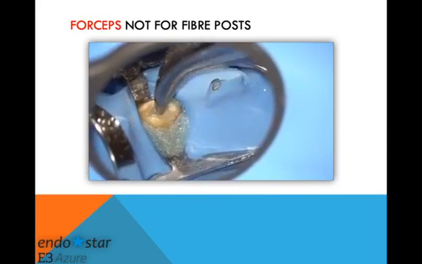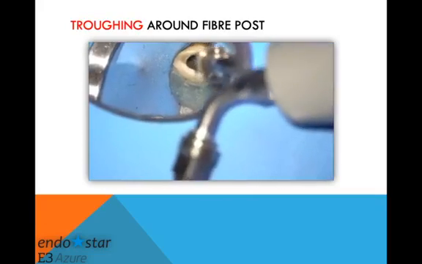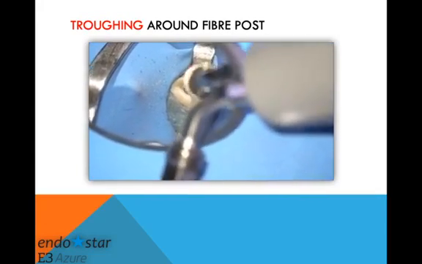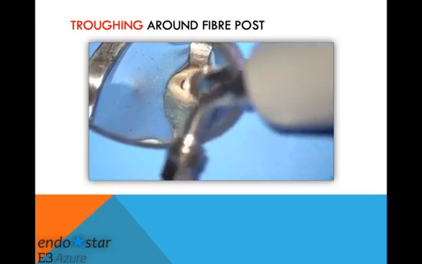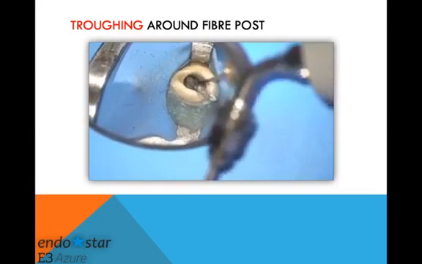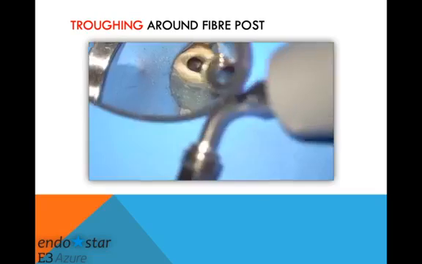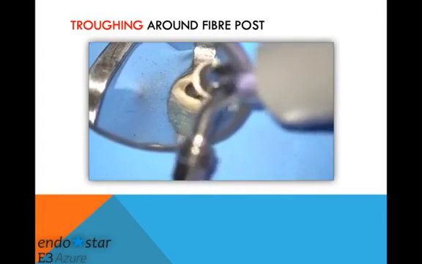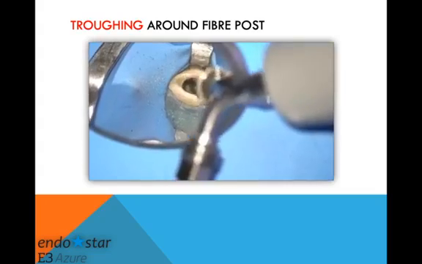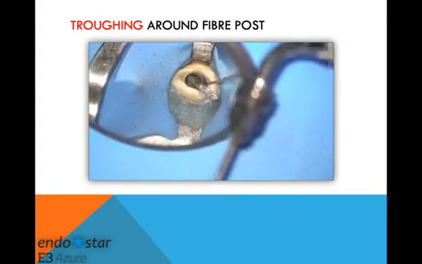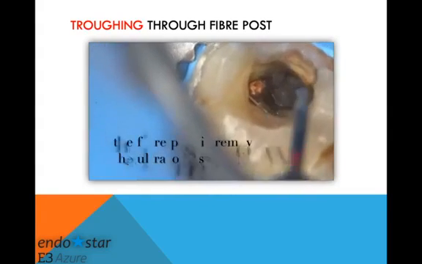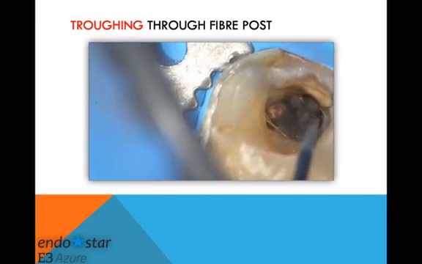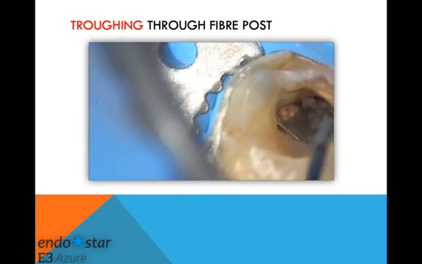Now, when it comes to fiber post removal, there are effectively two methods. In the first method, I am troughing around the fiber post and loosening it from the canal, and now it pops out, as you can see in this case. But in a few cases, if troughing around the fiber post is not possible, then I can go through the fiber post, break those glass fibers, and effectively remove the post from the canal.